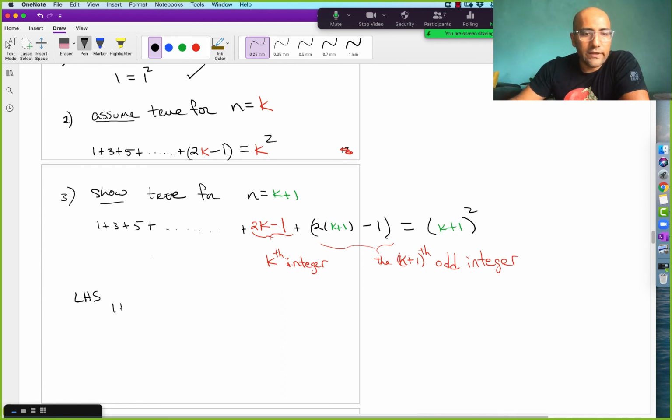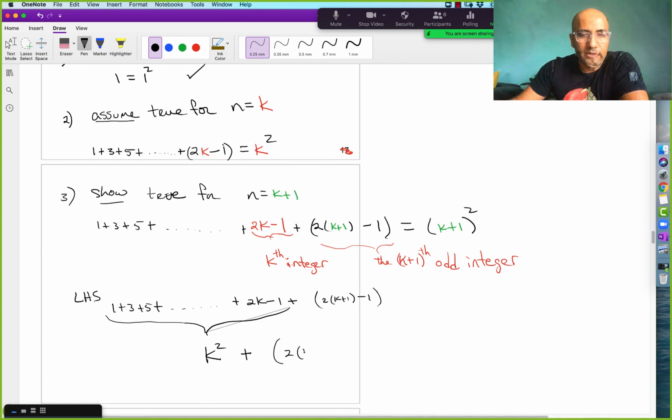I have 1 plus 3 plus 5 plus dot dot dot, plus, as we just established, the term 2k minus 1, plus the next one, which would be 2 times k plus 1 minus 1. Now these terms right here, all of these up to there, add up to k squared by step number 2, plus 2 times k plus 1 minus 1.